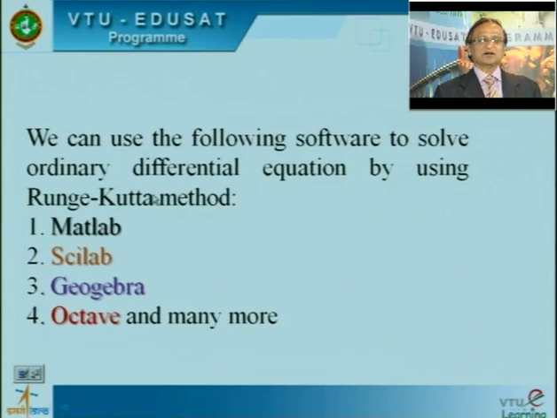In that case we can use some ready-made tools like MATLAB, Scilab or GeoGebra, or sometimes we can use an Excel sheet or Activa. All these software are available, right. Using these, very easily we can calculate numerical values by using the fourth order RK method.